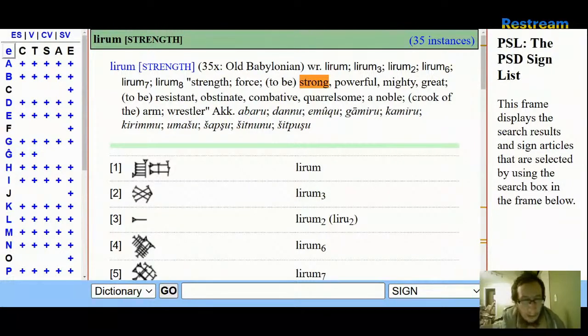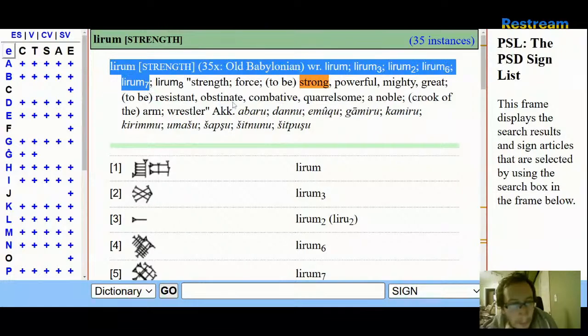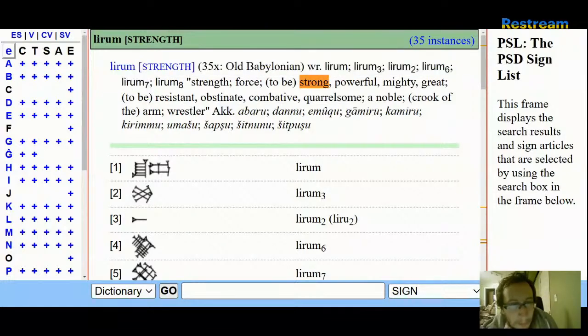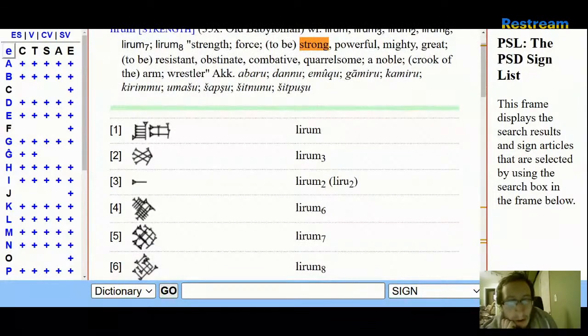It doesn't really have the article I'm looking for, so we'll just stick with this one. So, like I said, it means strong. The Sumerian word is lerum, but the Akkadian translation is abar.